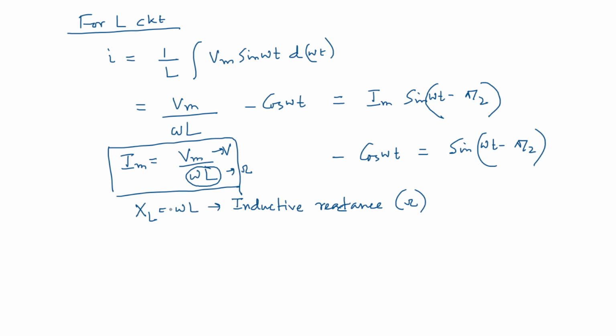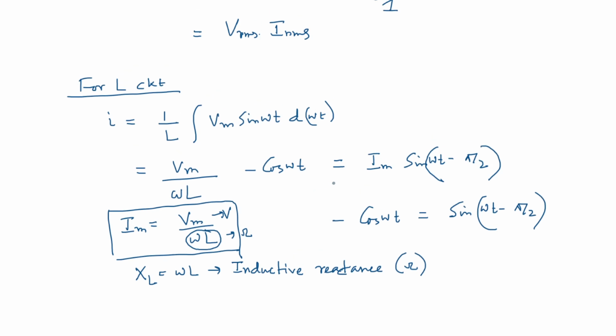So this XL is equal to omega L represents, if AC voltage or sinusoidal supply is applied to an inductor, it will provide a reactance of omega L. So if you multiply angular frequency with the inductance, it will provide a reactance.